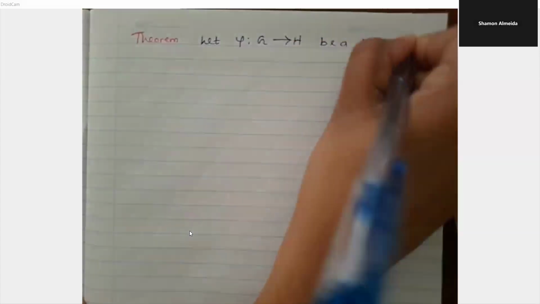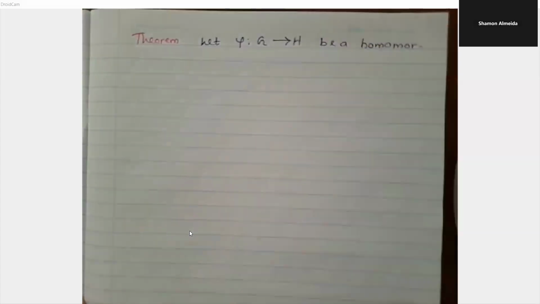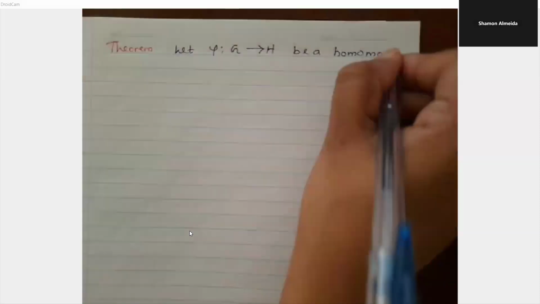Okay. Let's go over this theorem now. Let phi from G to H be a homomorphism, right?